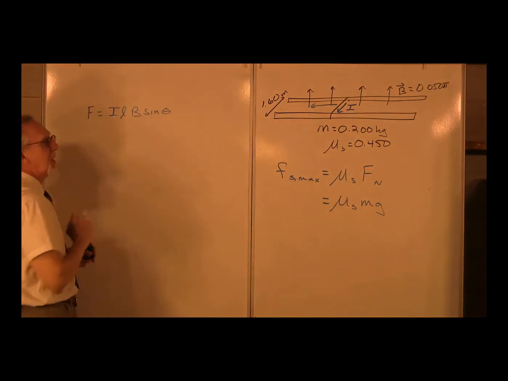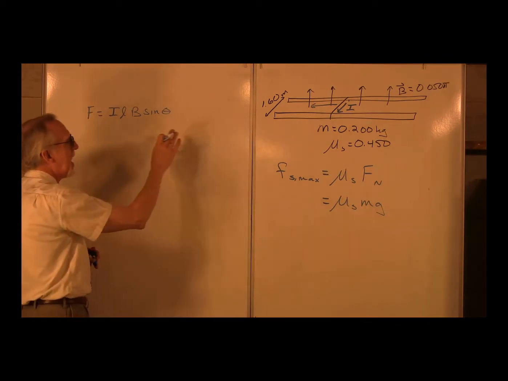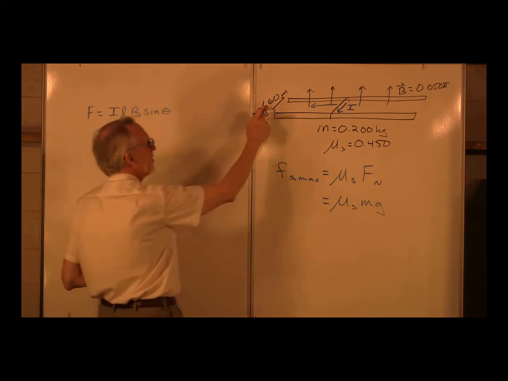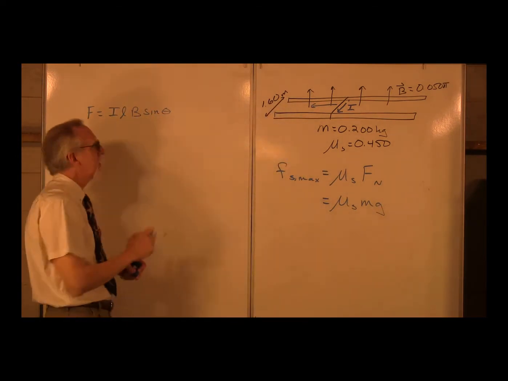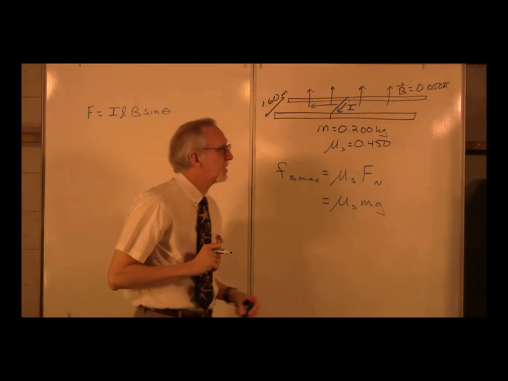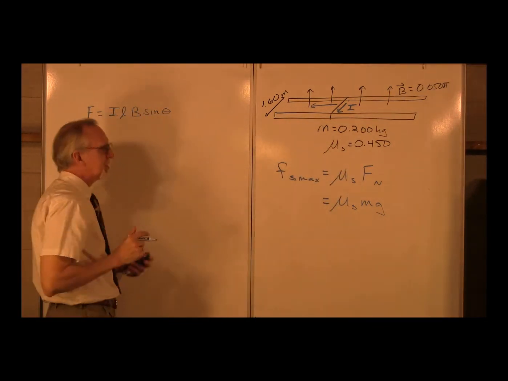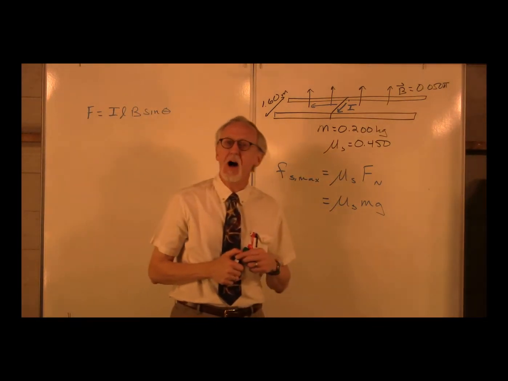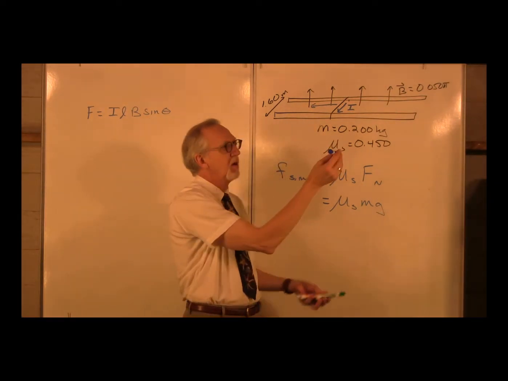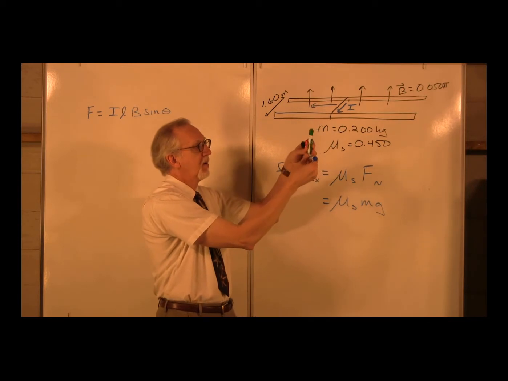I'll just leave these as variables for the moment, but I, we know, will be whatever that current is. L, that's going to be the 1.60 meters. B, the magnetic field, 0.0500 Tesla. Theta, what's theta? Theta is the angle between I and B. What's that? I is out of the board, B is up.